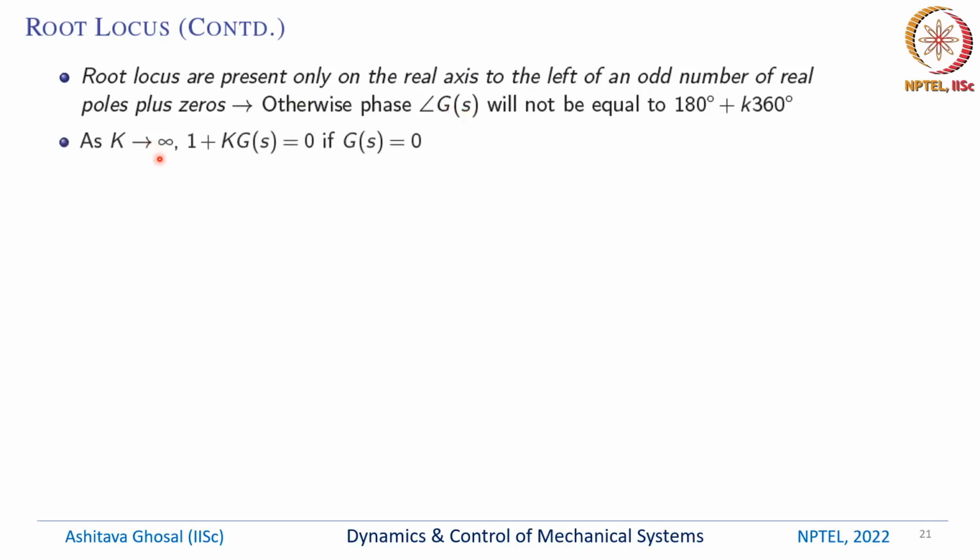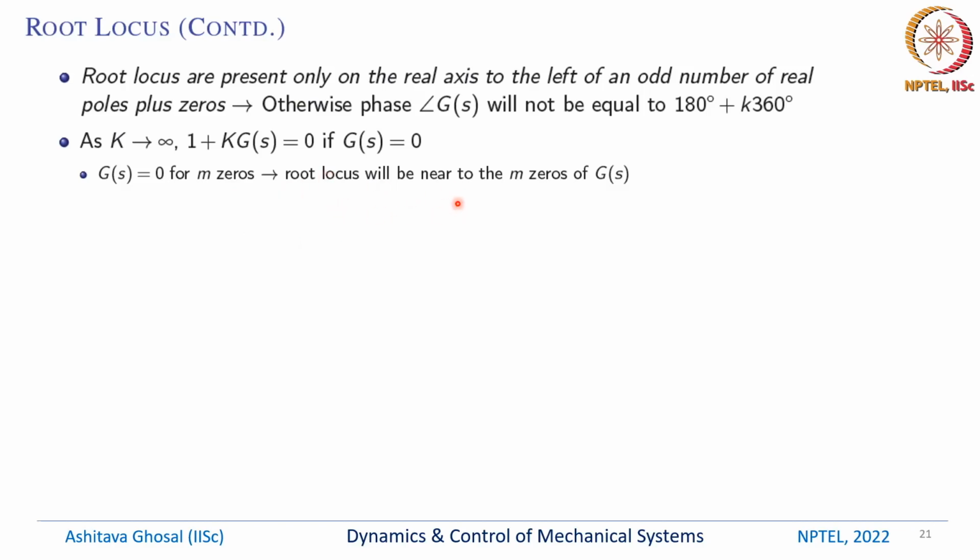As k tends to infinity, 1 plus K times G is 0 if G(s) is equal to 0. So G(s) is equal to 0 at the m zeros because G(s) is numerator by denominator. The numerator is (s plus z1) all the way till (s plus zm), so the numerator is 0 at all the zeros.